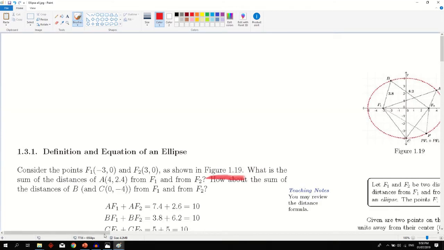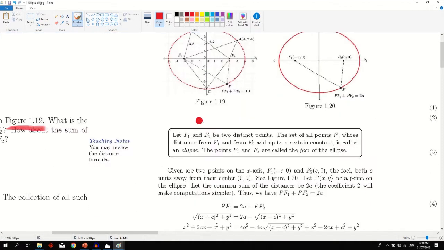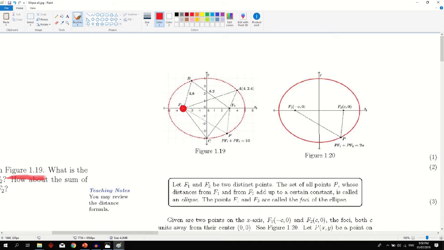As discussed in the earlier discussion, from a focus to any point, then back to the other focus, it will always be a constant, equal to the semi-major axis.